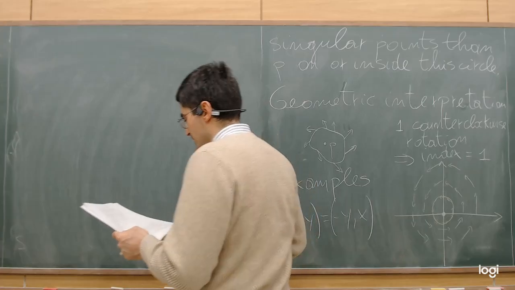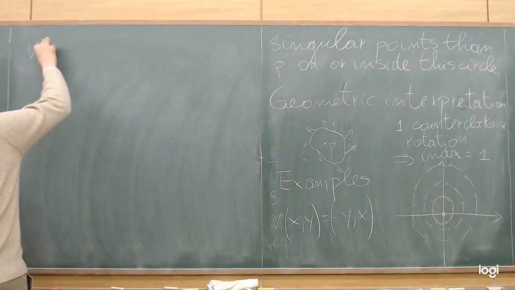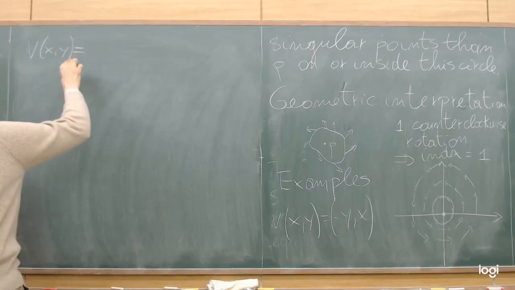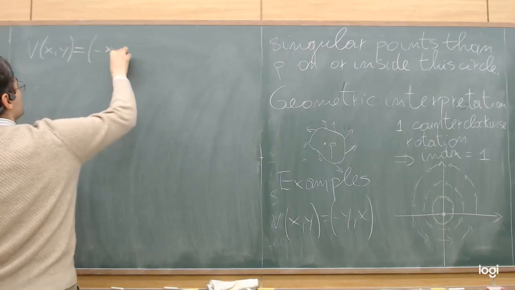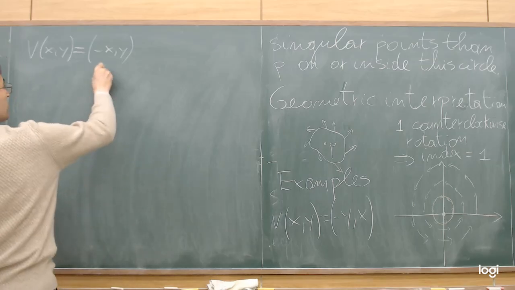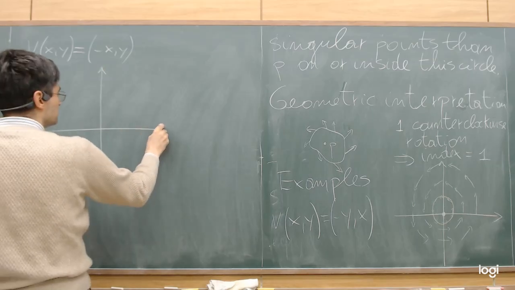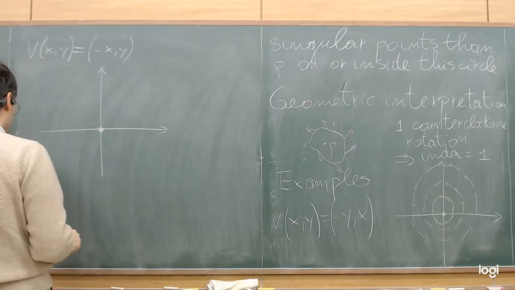Another example is the one where we have this vector field. Once again, we have one singular point at the origin.